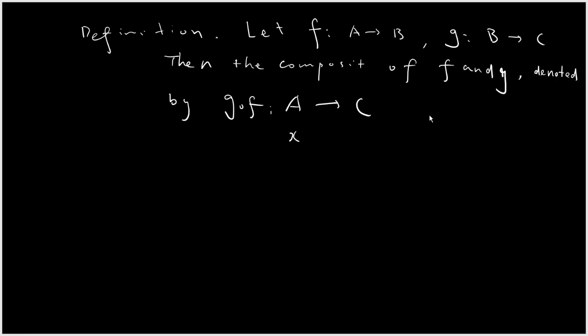Every element in the set A is mapped to an element of set C. Just copy it down; everything will make sense soon. The output in C is obtained by taking the input x under map F first.